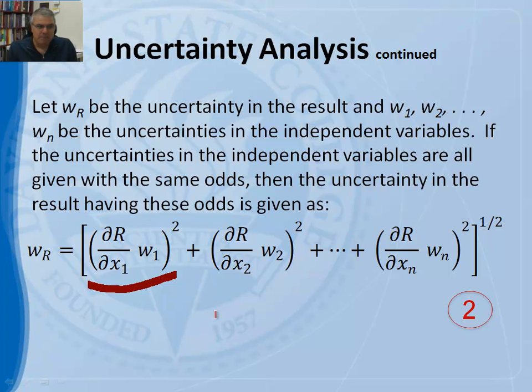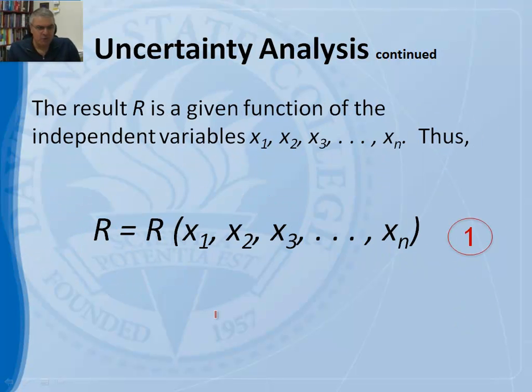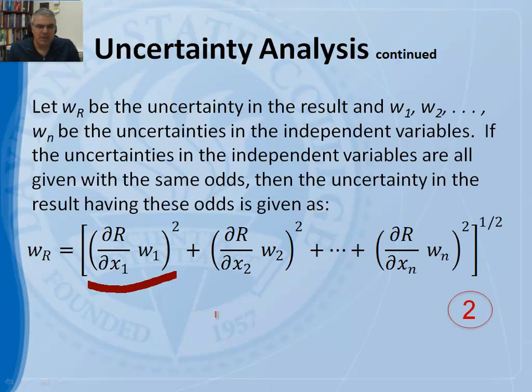It could be a product of different independent variables. It could be an additive function. I'm going to get into those shortly, but if the function is of the general form that I've just shown you, then in order for us to come up with the uncertainty, which is the result of the uncertainties associated with each x1 through xn, we call that W1.